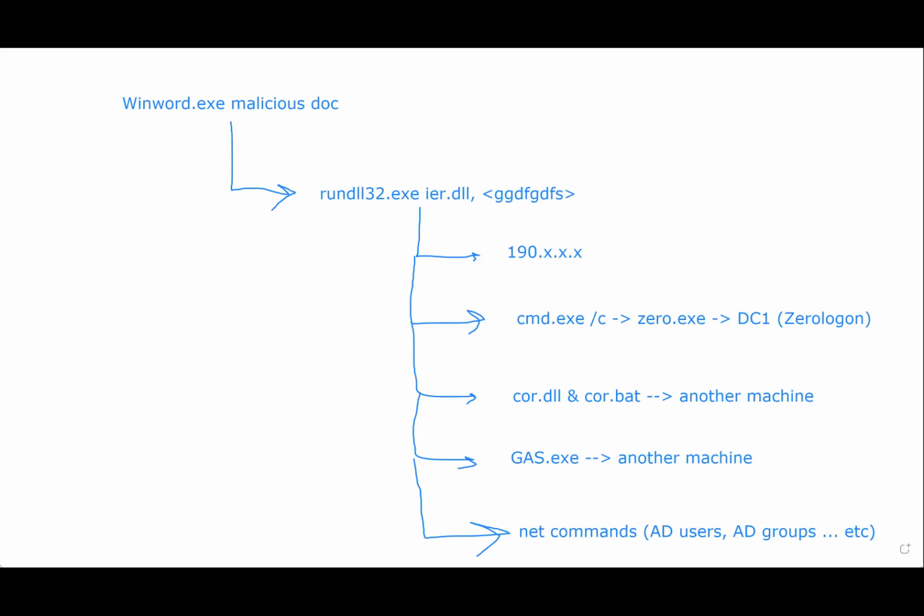Yeah, I had a question. Are we able to establish that all these malicious executables, like gas and CORD.dll, were downloaded from that IP, or we don't know right now?